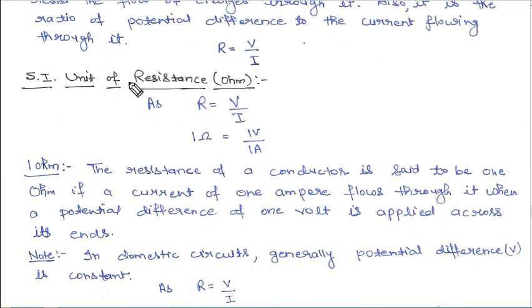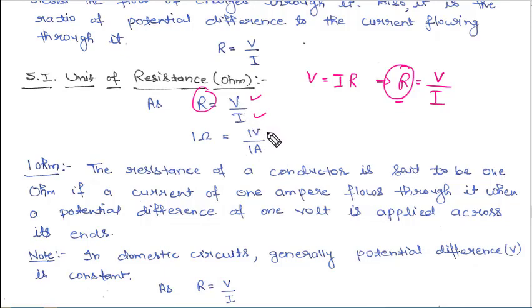Now the SI unit of the resistance: as from Ohm's law we studied that V is equal to IR, that means R is equal to V upon I. So if we have to define the unit of R, I have already told you that whenever we have to define any unit, we will take the value of V and I as one unit.